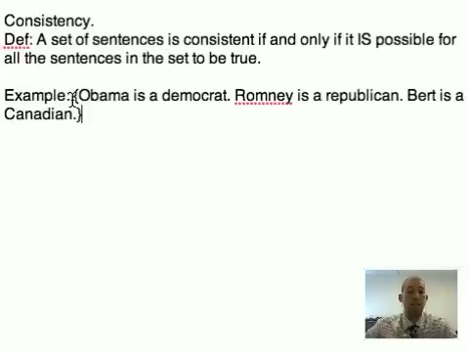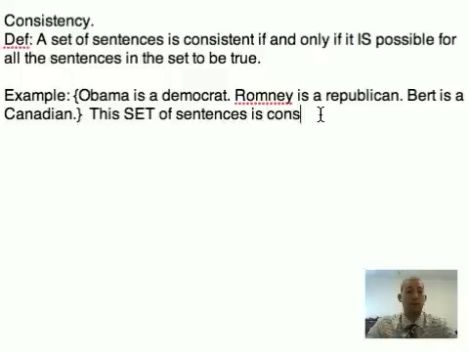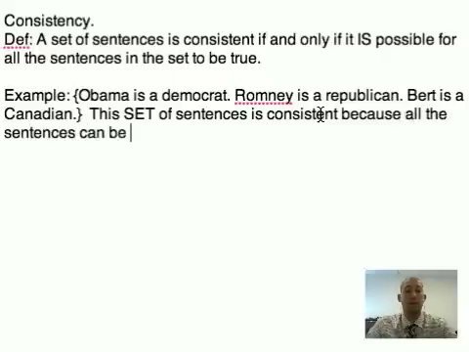This set of sentences is consistent. Why? Because they can all be true at the same time. This set of sentences is consistent because all the sentences can be true.